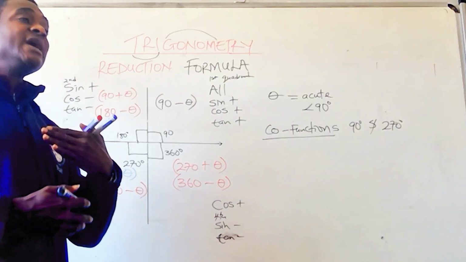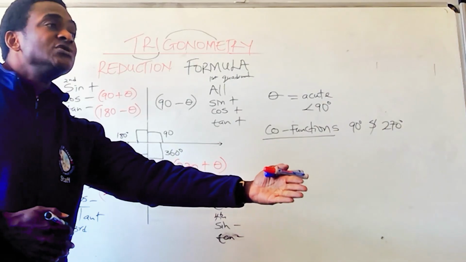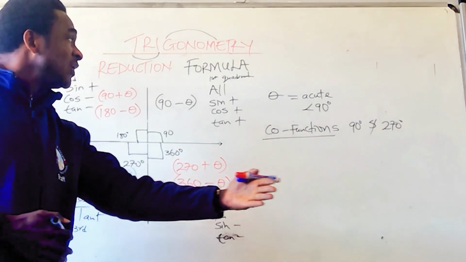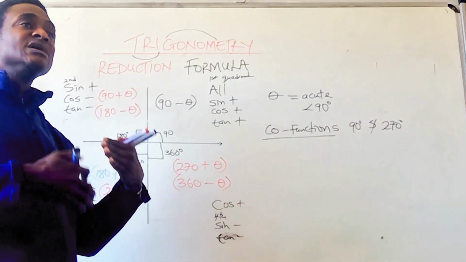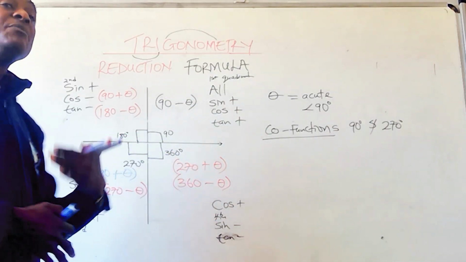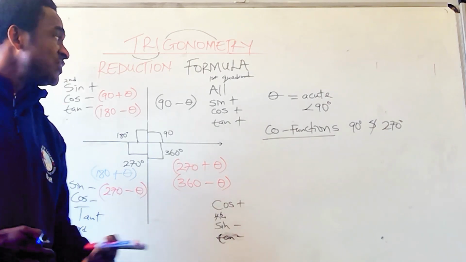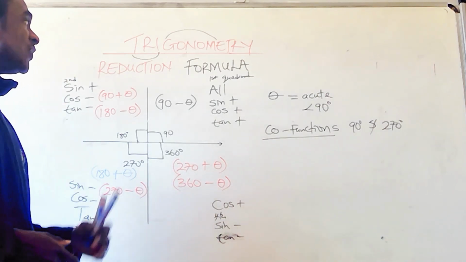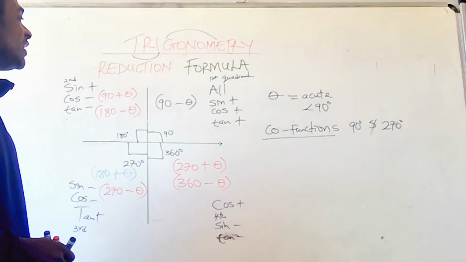The cofunction means they produce a value for what the other trigonometric identity had. That means the cofunction of sine can become cos. The cofunction of tan can become what we call cot, which is a reciprocal of tan. So they produce what they have on the other side.